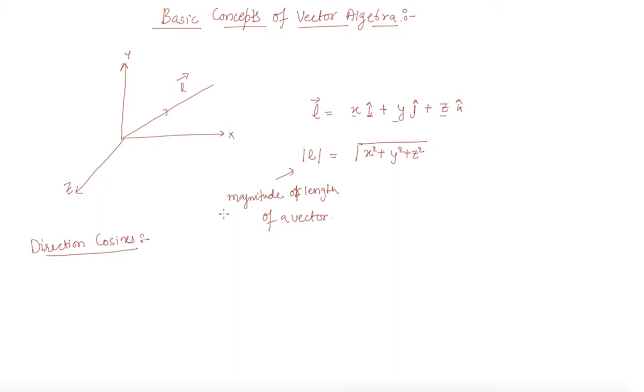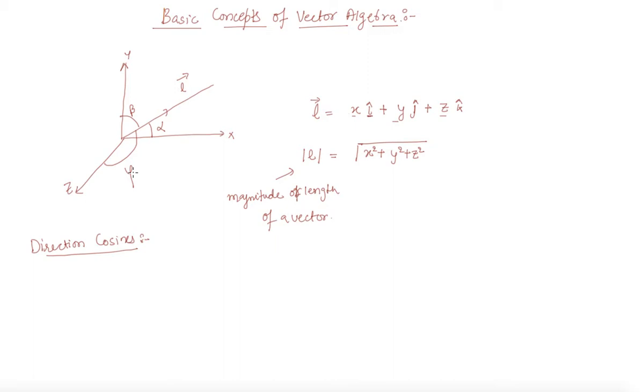It means, let's say this is the L vector, and it is making angle alpha with your x-axis, beta with the y-axis, and gamma with the z-axis. Okay, so what are the direction cosines in each direction?